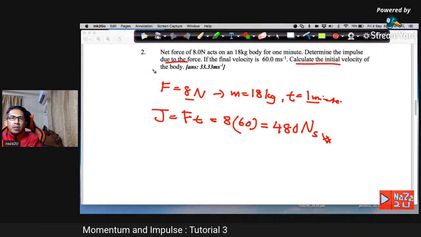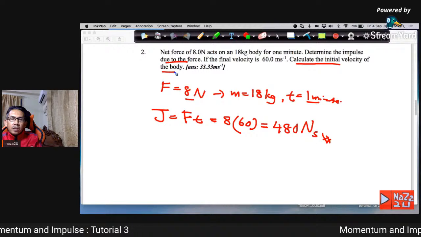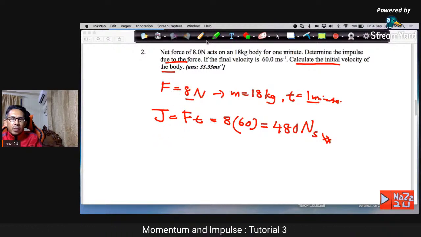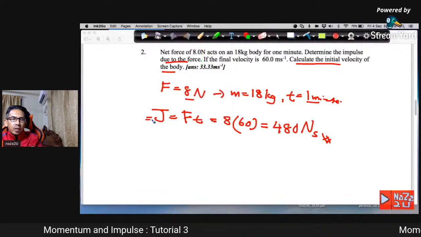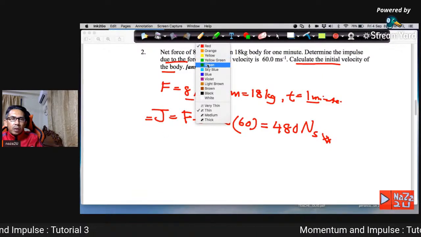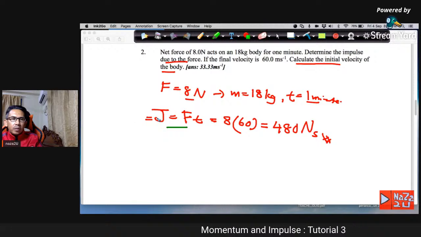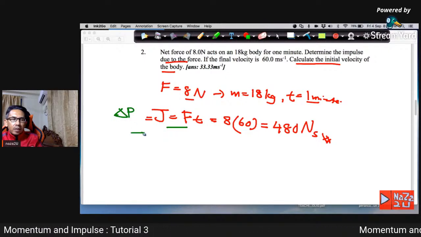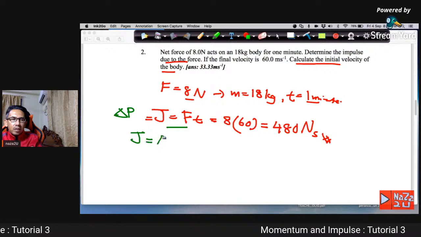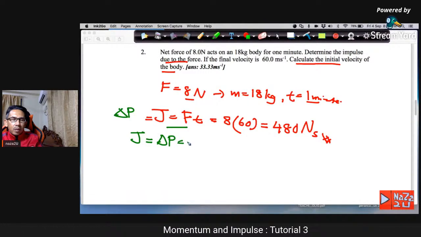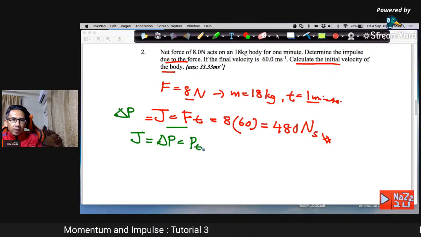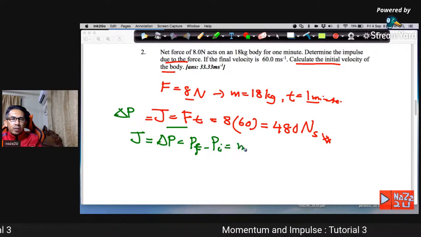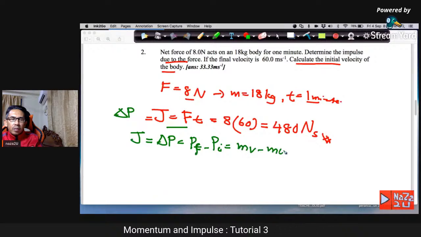The next part: calculate the initial velocity of the body. We have the equation J is equal to Ft. Also, impulse J is equal to delta P, the change of momentum, momentum final minus momentum initial, so mv minus mu.